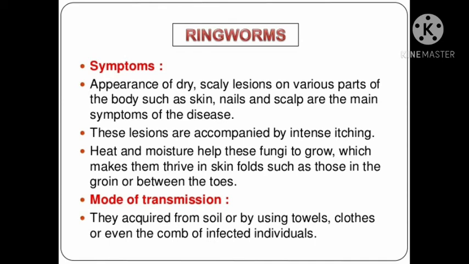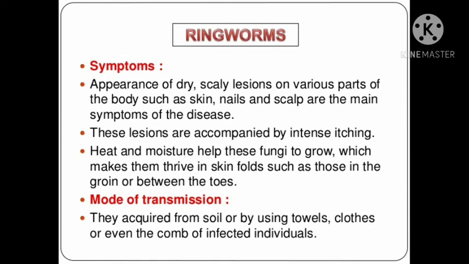The presence of heat and moisture will help these fungi to grow. Therefore, these are seen in areas of the feet between the toes and also near the groin where moisture is present. How is this disease spread from the infected person to a healthy person? By using the towel, clothes or even the comb of infected individuals.